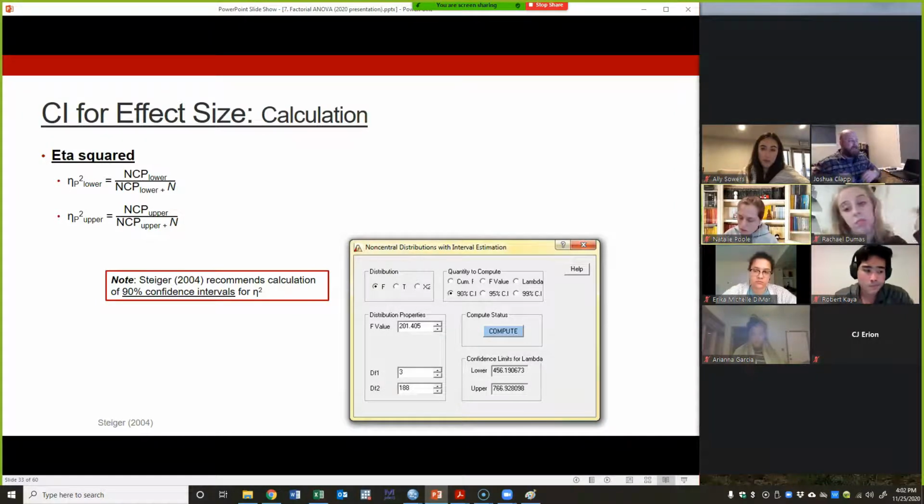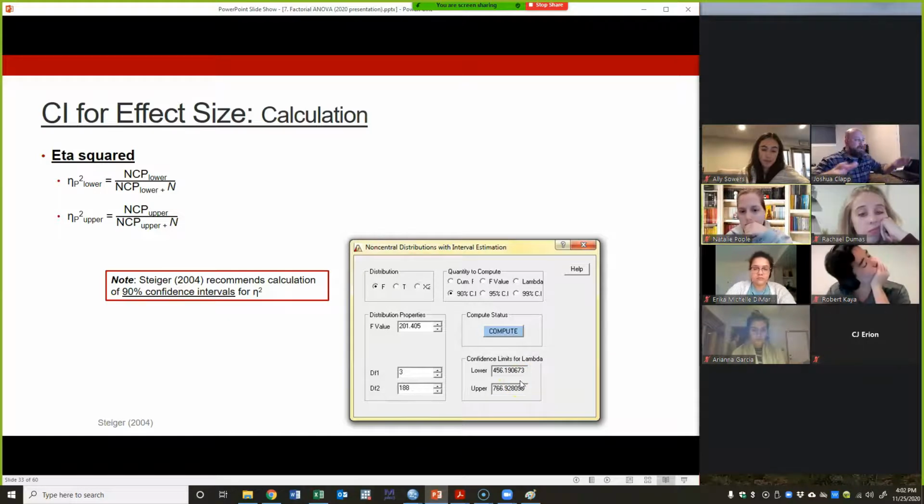It's not like a balanced thing. The idea is to calculate 90% confidence intervals so everything gets switched around. But the calculation is the same as how we did this before. We drop in our F statistic and degrees of freedom, ask for a 90% confidence bound, and compute. That gives me my lower and upper, which I back-translate into partial eta squareds, and that gives me my confidence bounds.